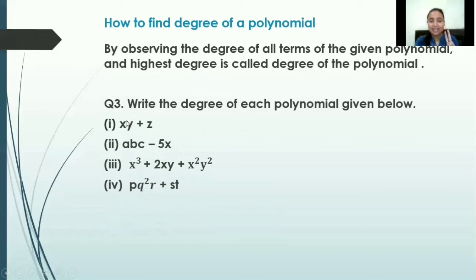We can say x to the power 1 only, y to the power 1 only. So for this term, collectively the power will be 2. So the degree of this first term is 2 and the degree of the second term is 1. Highest is 2. So the degree of this first expression is 2.